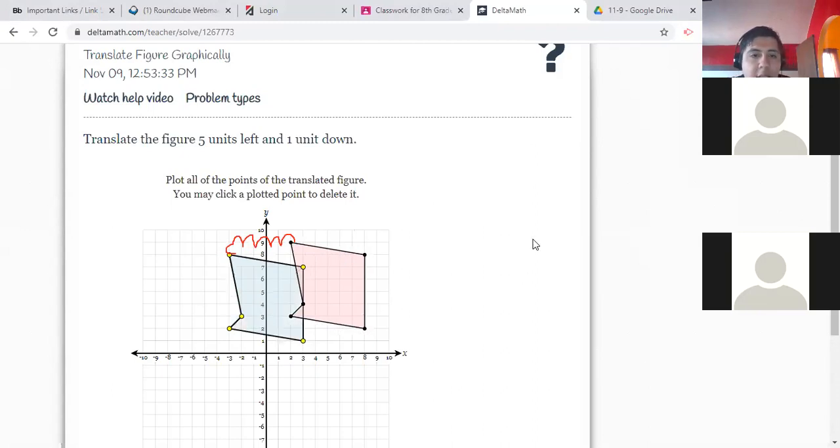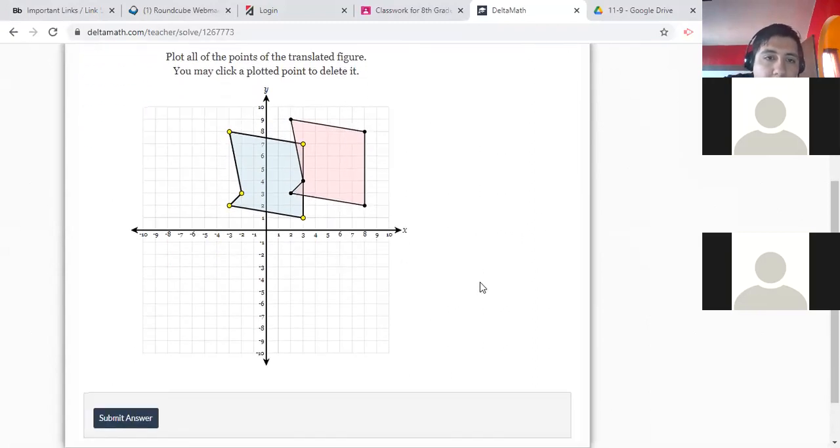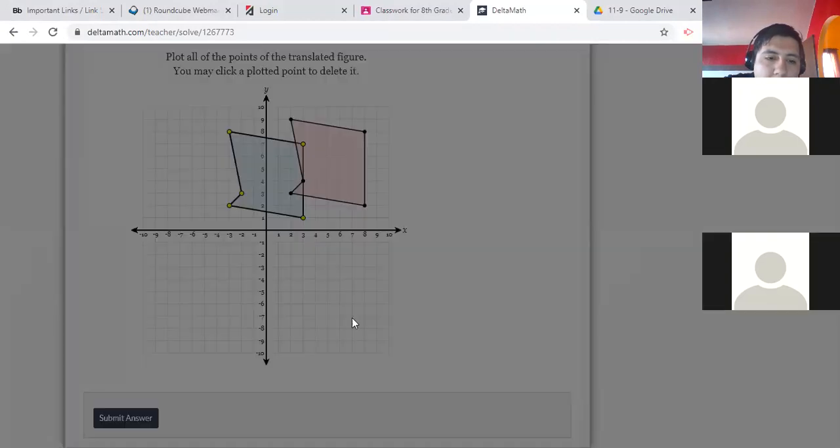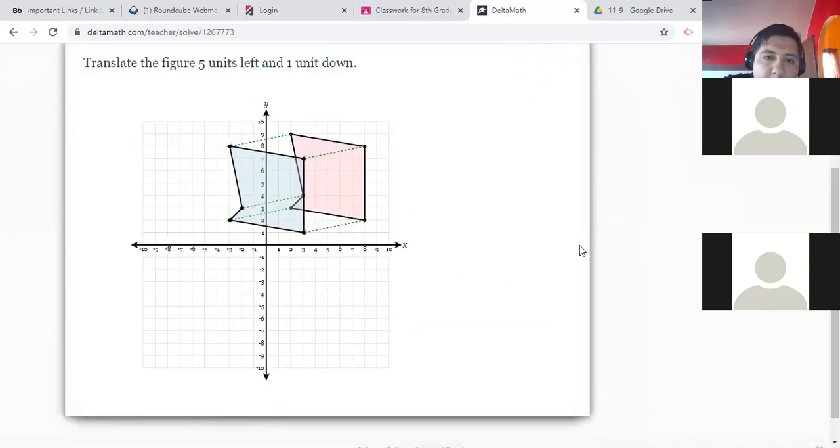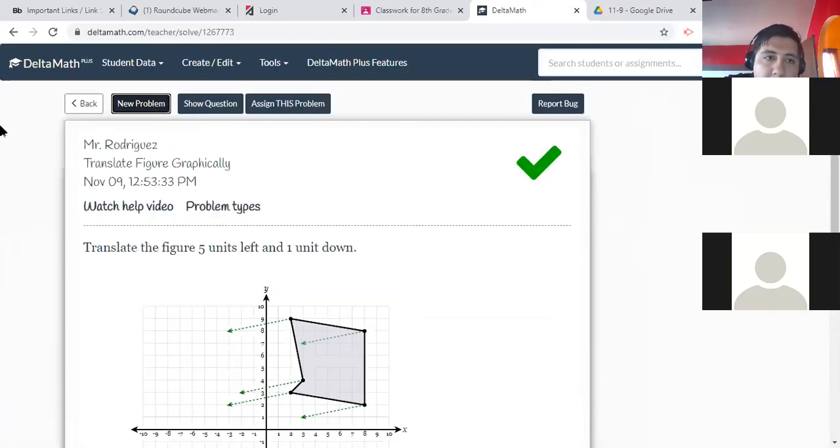All right. So as you can see, once you plot all the points, then you should automatically get the shape that you need. Okay, so we moved every point 5 units to the left and 1 unit down. And again, that gives us our answer.